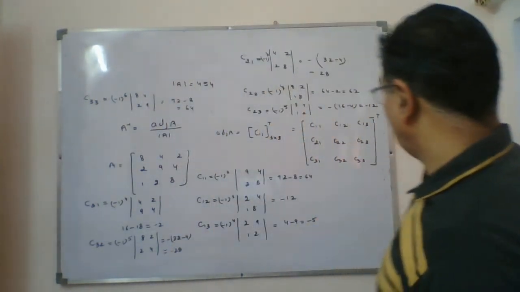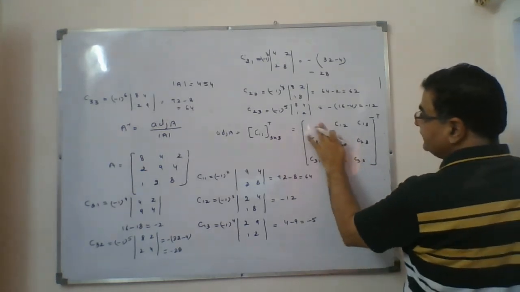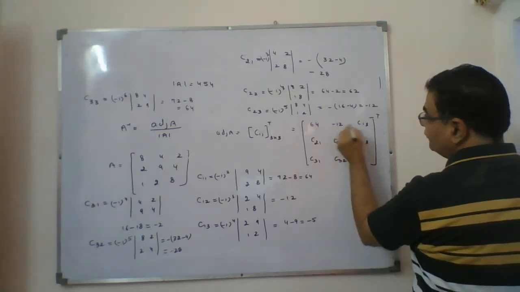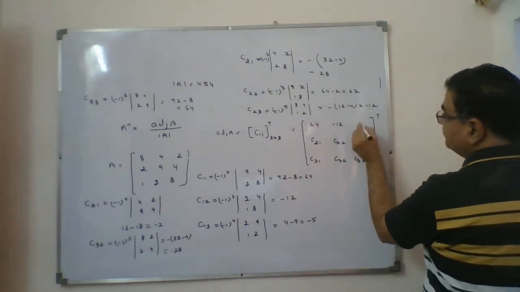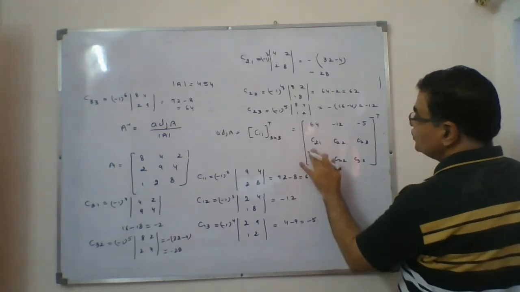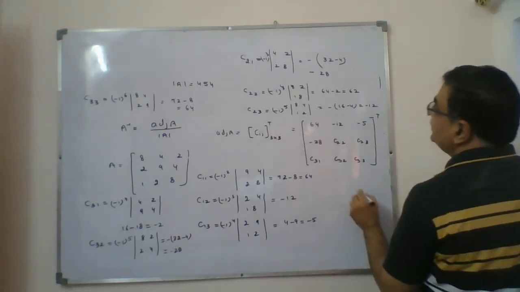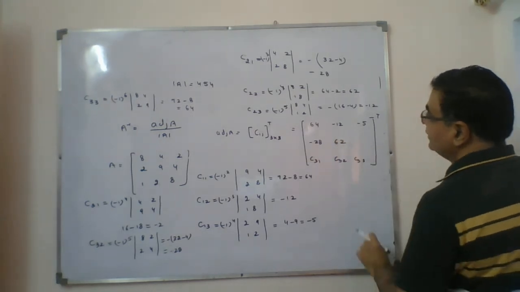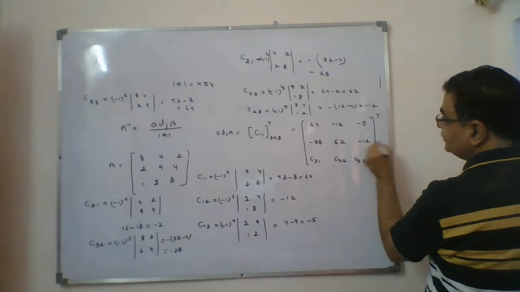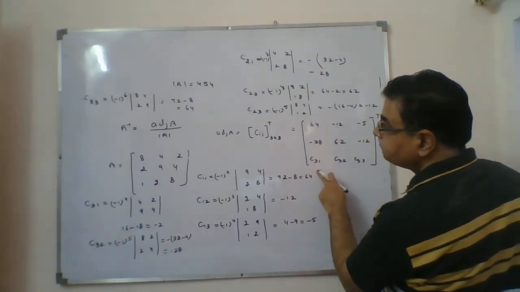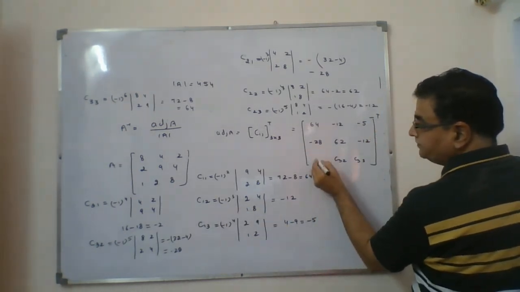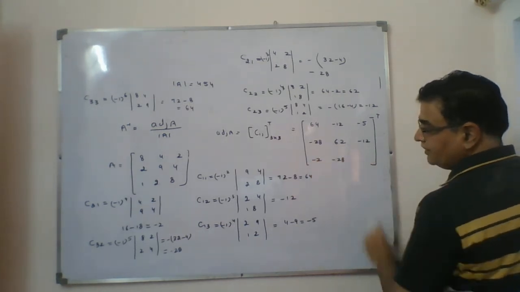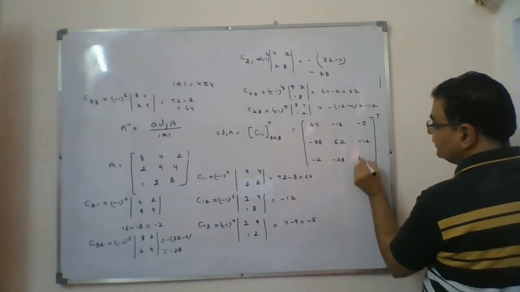So now all the values are known. C11 is 64, C12 is minus 12, C13 is minus 5, C21 is minus 28, C22 is 62, C23 is minus 12, C31 is minus 2, C32 is minus 28, C33 is 64.